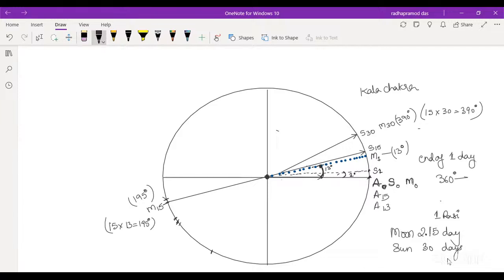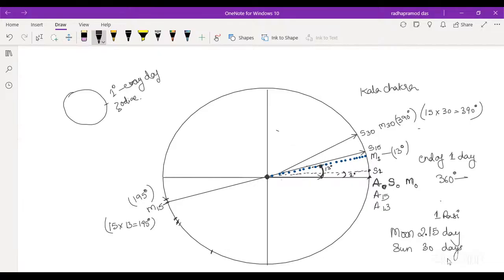So the zodiac is actually moving 1 degree and the sun completed one round. Okay, I will explain here. This is the zodiac. The zodiac moves 1 degree every day.